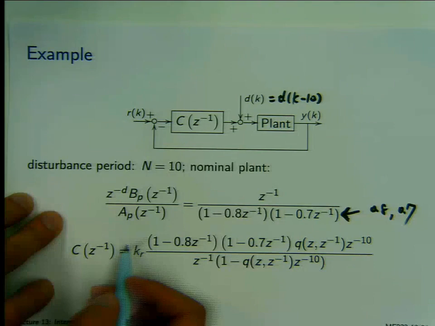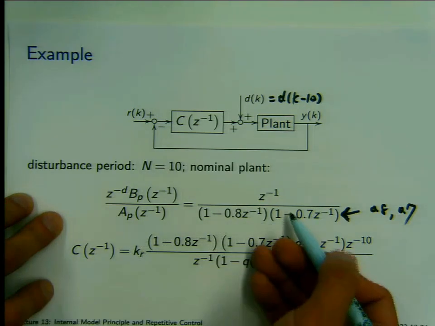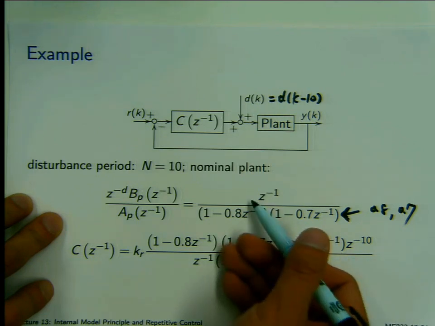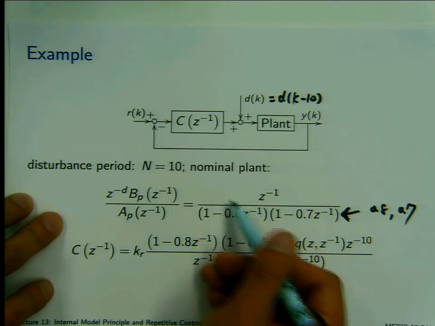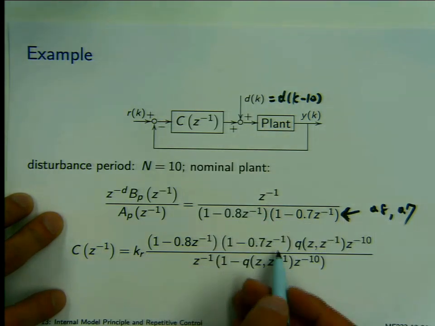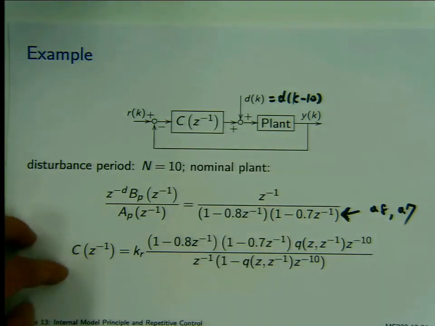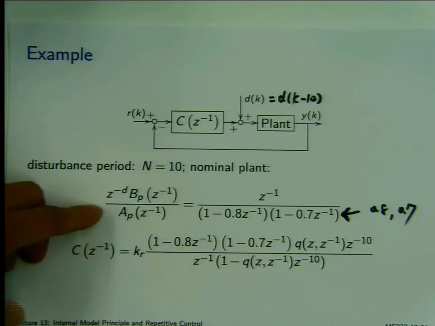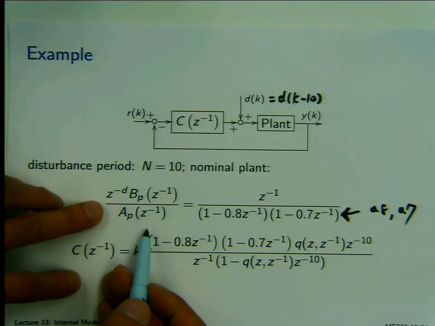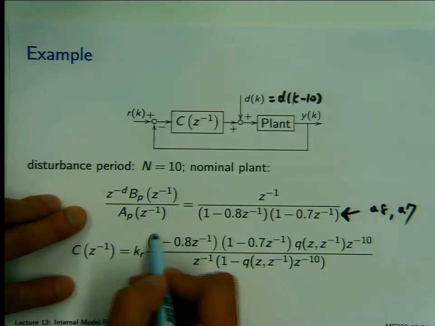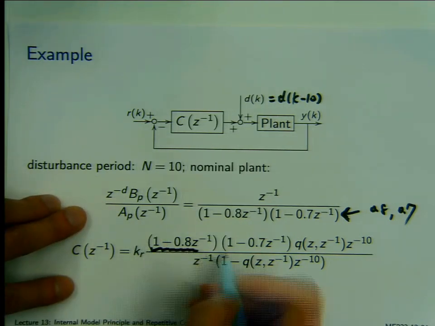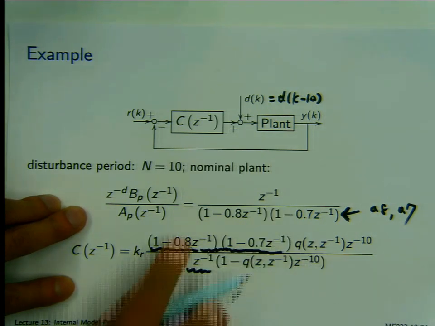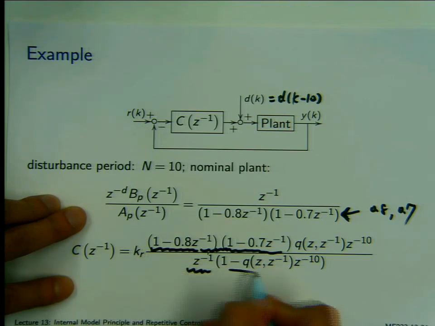Then, you see here, the poles are all stable and the zeros are all stable. So I don't need to do this extra step of extension that we have down here, because the system already has stable poles and zeros. So I can design this controller that cancels the plant here, and then this is the modified internal model.